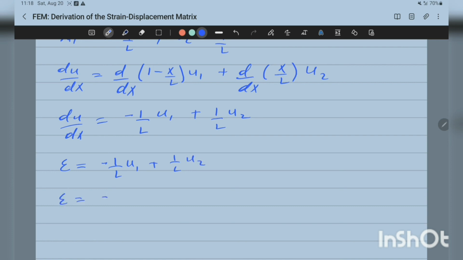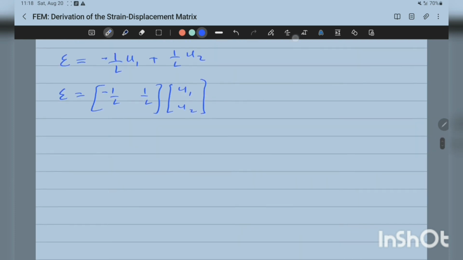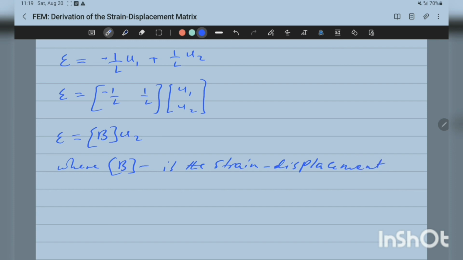This is the same as negative 1 over L, 1 over L in matrix form, times u1 u2, which is the same as B u, where B is the strain displacement matrix, or the B matrix.